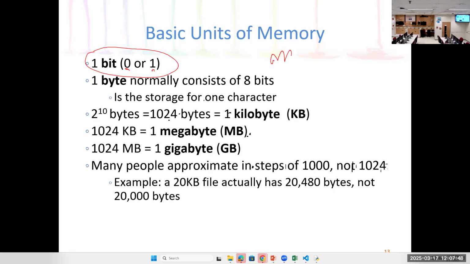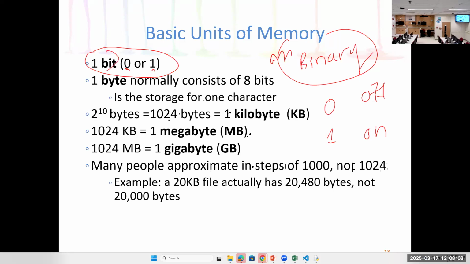So basically, you work with the binary system. In the binary system, for 1 digit, you only have 2 states, 0 and 1. You can think of 1 as on, and 0 as off. So if you have 1 bit, you have 2 values, 0 and 1.